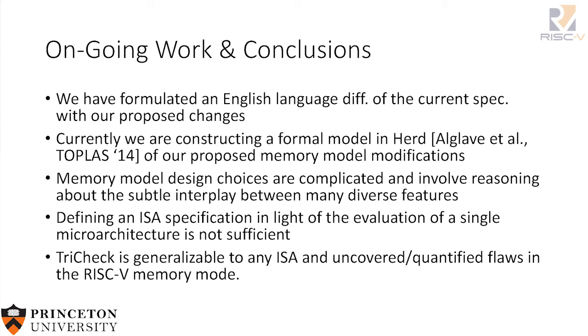And then we have just a couple notes. So memory model design choices are complicated. They involve reasoning about the subtle interplay of many diverse features. So it really is important not to define a memory model in light of one design, but to try and do this design space exploration of all the microarchitectures that could be conceived for a particular ISA, so that you make sure that you cover for any fun things people might do in the future.